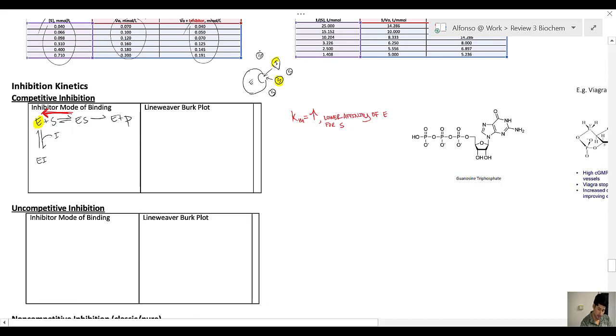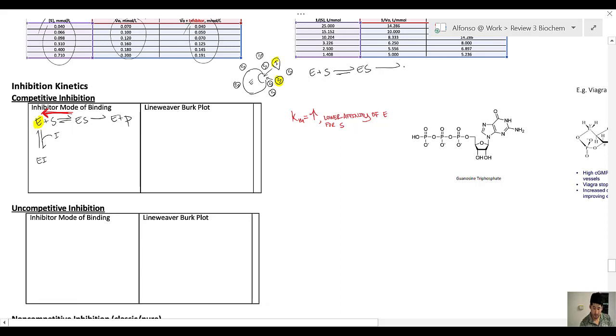But if we were to increase the amount of substrate, we could lower the chances of the inhibitor binding and only allow substrate to bind. And check this out.